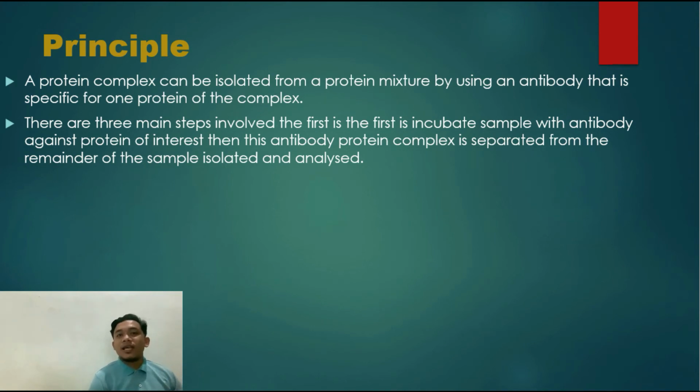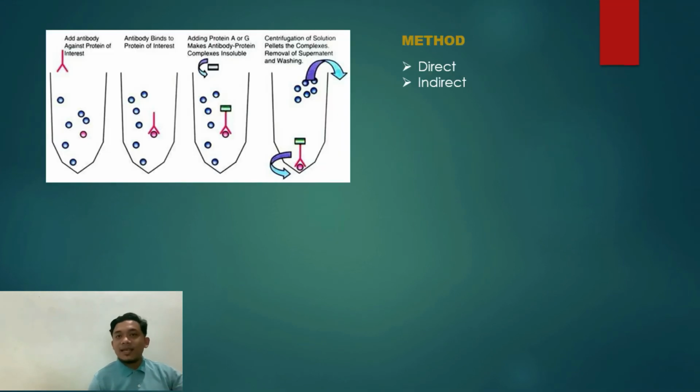First, incubate the sample with antibody against the protein of interest, and then this antibody-protein complex is separated from the remainder of the sample, isolated, and lastly analyzed. You can see the form of the immunoprecipitation reaction.